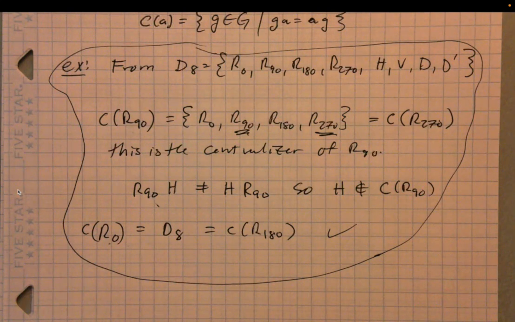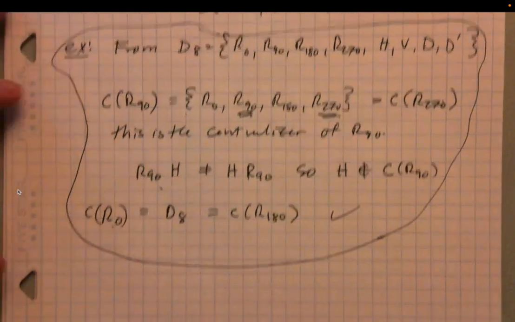If you look at an actual square and see what a 90-degree rotation does, and what the 180 and the R0 do, you'll see why all those flips get included in the centralizer here, but not in this one. Very good.